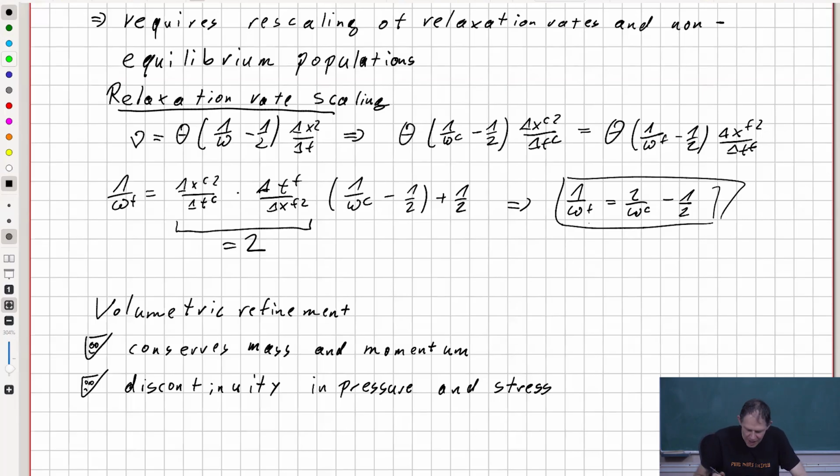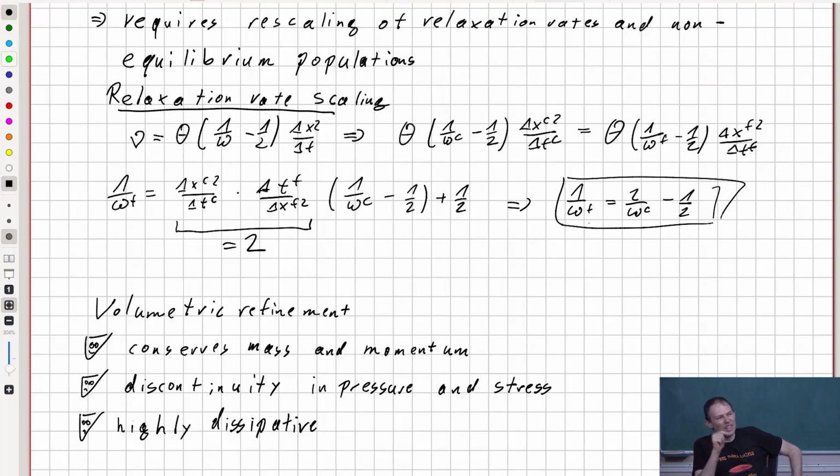Inconsistent. And the other thing is, here you can again say this is good or bad. They're highly dissipative. I think this is a good thing in a way. This method is particularly used in commercial codes.